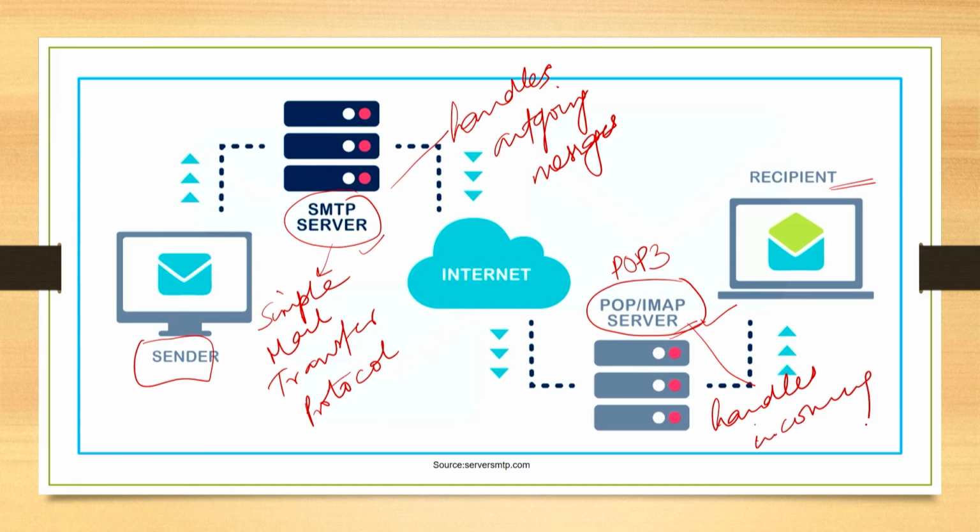So in this way the messages are transferred from sender to receivers by using the internet and having these two mail servers, SMTP, or you can say POP3 or IMAP servers.